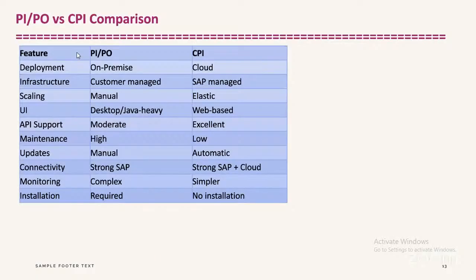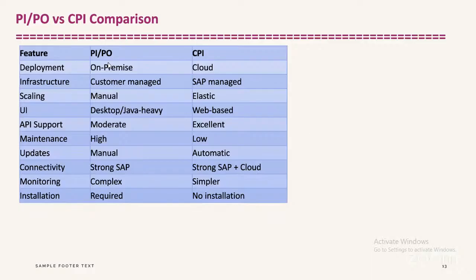There is a small comparison between PI/PO and CPI. PI/PO is on-premise and CPI is for cloud. Nowadays all are moving to the cloud, so we need to upgrade our knowledge to learn cloud integration as well. In terms of infrastructure, PI/PO is customer managed.